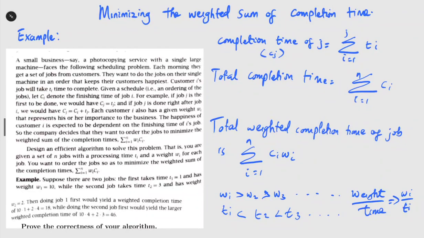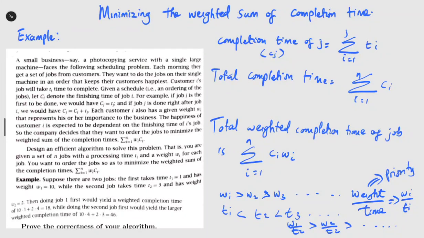So if we use this ratio, let's call this ratio the priority. With this formula for priority, it means now we are going to be solving W1 over T1 greater than, in this order, W2 over T2, and going forward. And if you look at this, it makes sense.